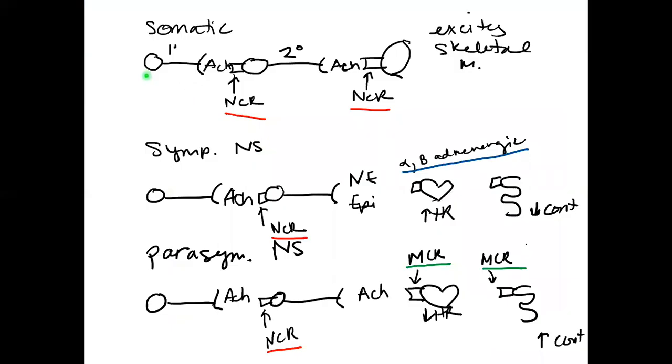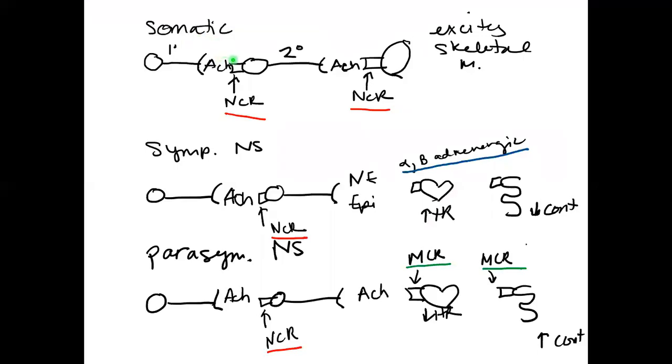Here is the picture that I drew for you guys on my little tablet. I know it's not great, so I apologize. But what I recommend is you guys drawing these out, 5 to 10 times. This is the somatic nervous system. So I broke it down. Let me walk you through it. The first nerve releases acetylcholine into the synapse.